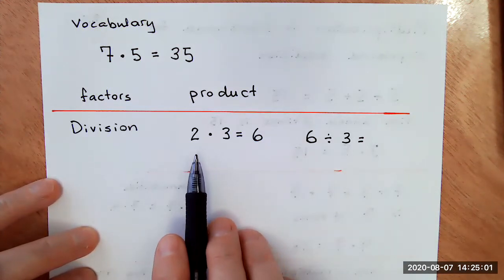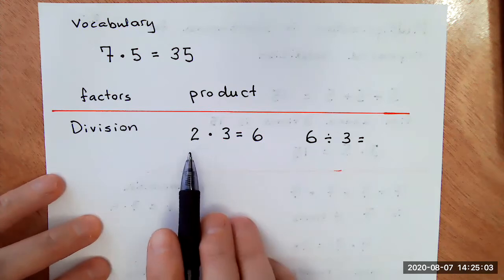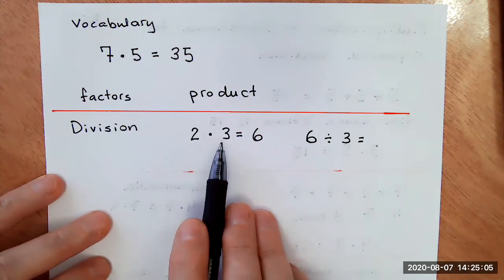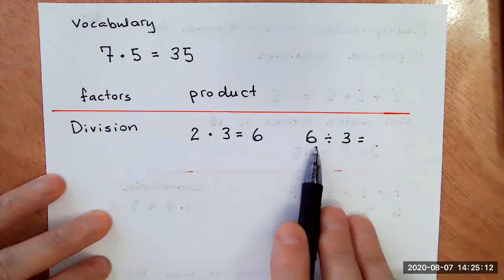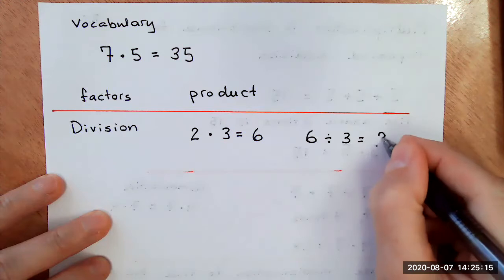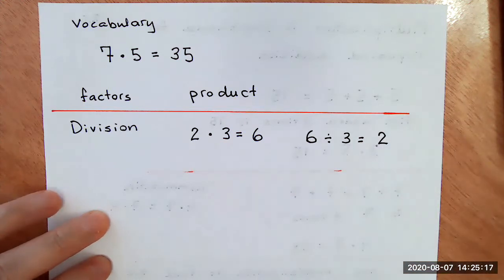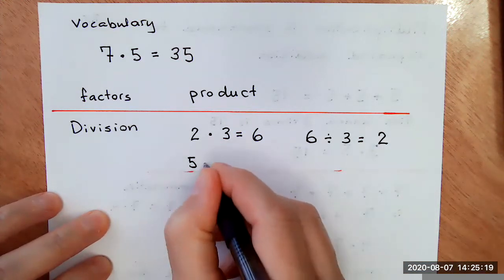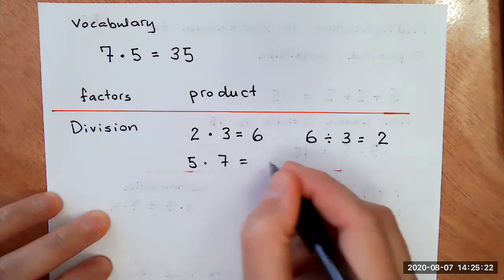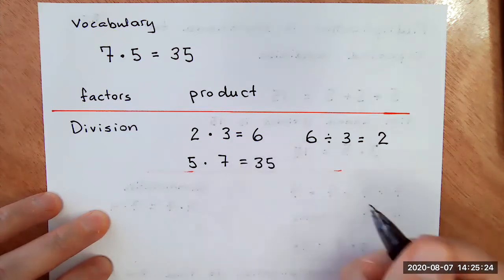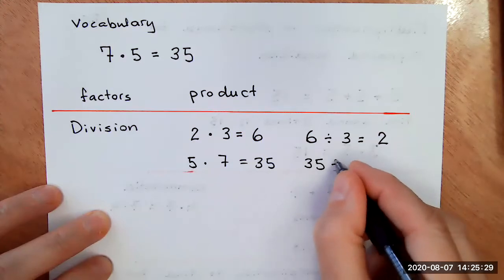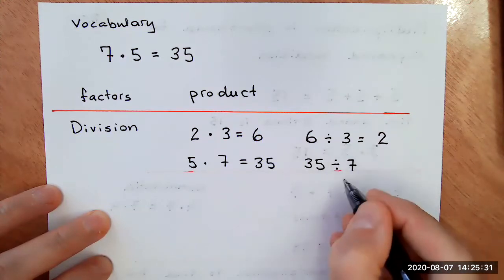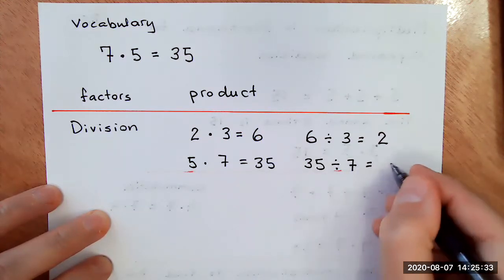Division is just the inverse of multiplication. So if 2 times 3 is 6, division tells you how many 3's are in 6. If 5 times 7 is 35, division tells you how many 7's are in 35.